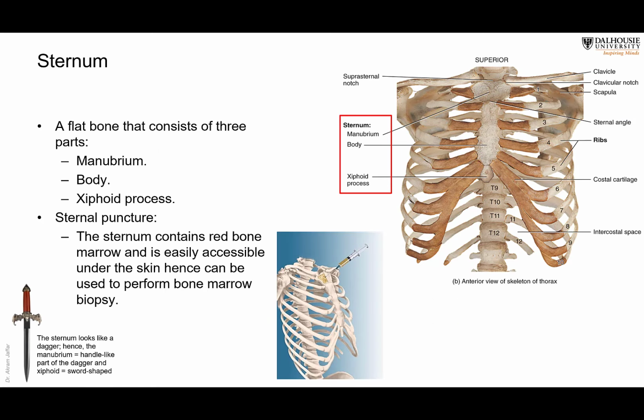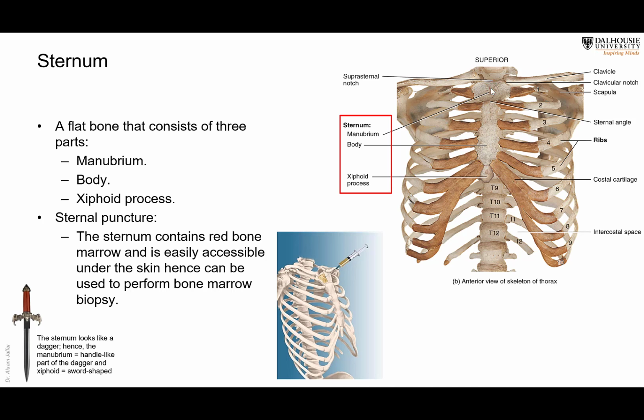The sternum is the bone that is present in the midline. It is one of the flat bones, like the ribs, remember, and it's just underneath the skin. It looks like a dagger, and that's why this pointed part of it is called the xiphoid process, which means the tip of the dagger. This is the body of the sternum, and here's the manubrium.